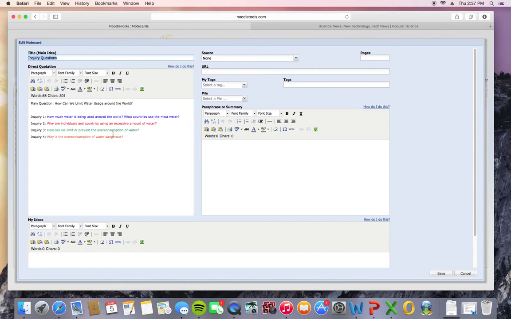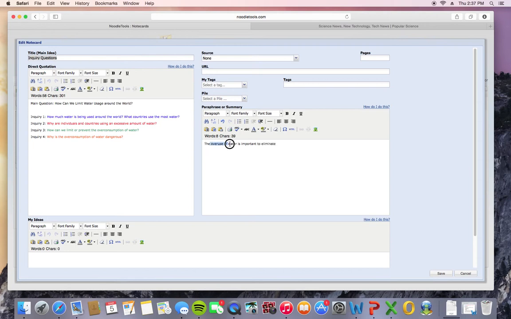So I want to take all these ideas and make one unified sentence. I'm going to write my thesis over here in this section because that way I'm able to look back and forth at my questions and the sentence that I'm forming. So I might write, the overuse of water is important to eliminate.